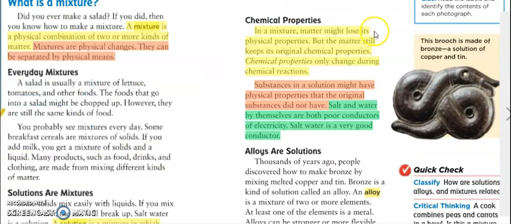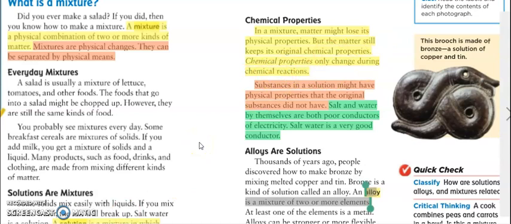Okay, guys, let's talk about the chemical properties of the matter in a mixture. In a mixture, matter might lose its physical properties, but the matter still keeps its original chemical properties. Chemical properties only change during a chemical reaction.